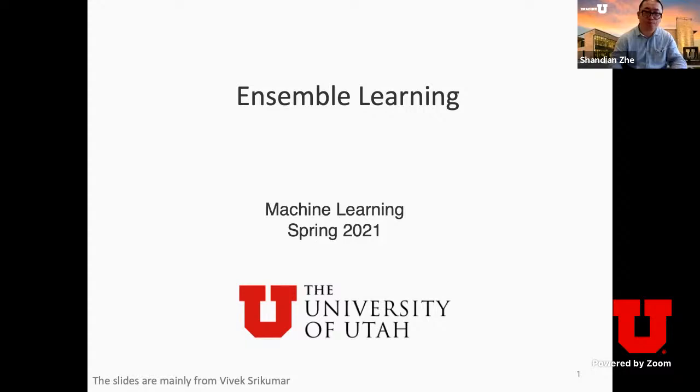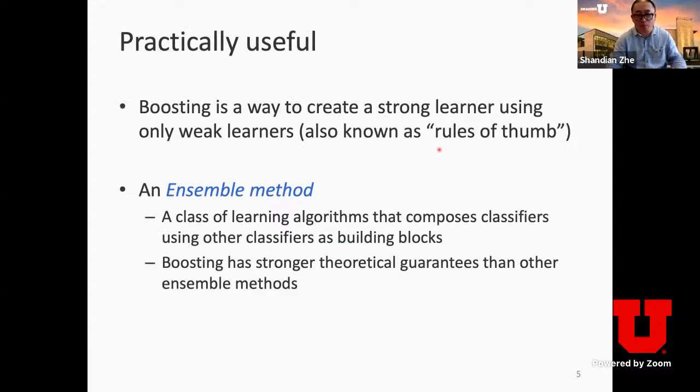So what does it mean? It just means that, okay, suppose I have a bunch of weak learners, right? We call them rules of thumb, whatever. For concrete instances, you can consider a decision tree that is very shallow, a narrow decision tree. Perhaps it only has one node to split the data set. It's called decision stumps, right?